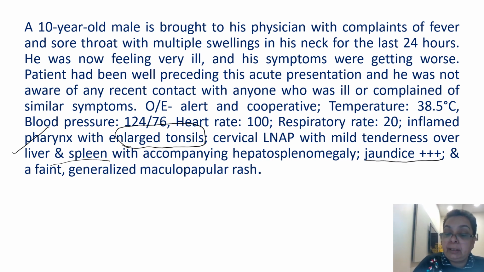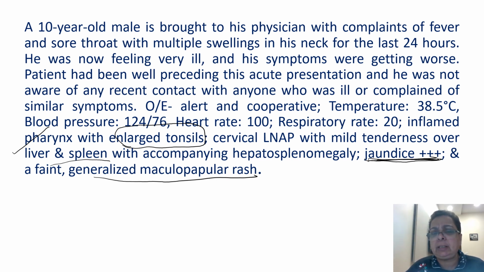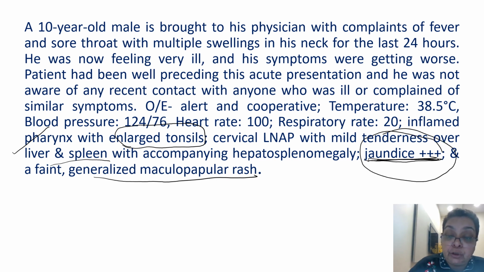Marked jaundice is seen with a faint generalized maculopapular rash. Isn't this totally indicative of primary EBV infection? Right, let's move on. But here, the patient is having severe jaundice, that is what is troubling the patient. That is the reason he's very, very sick.